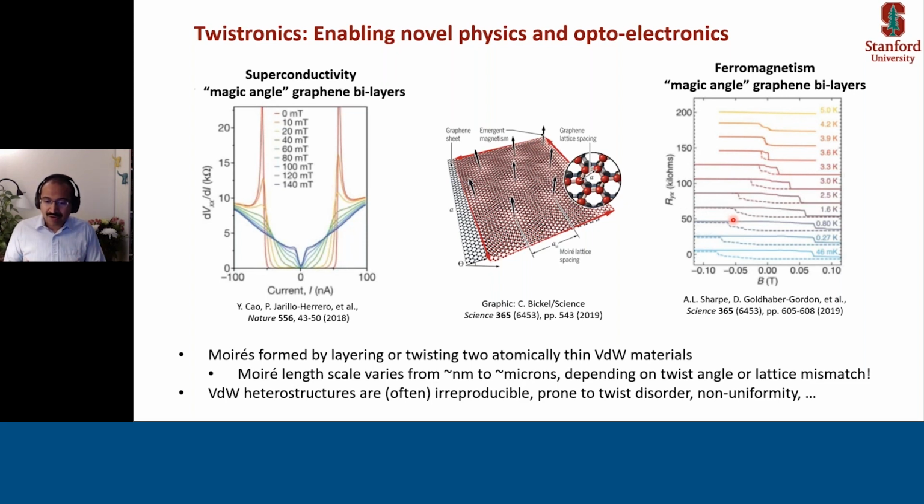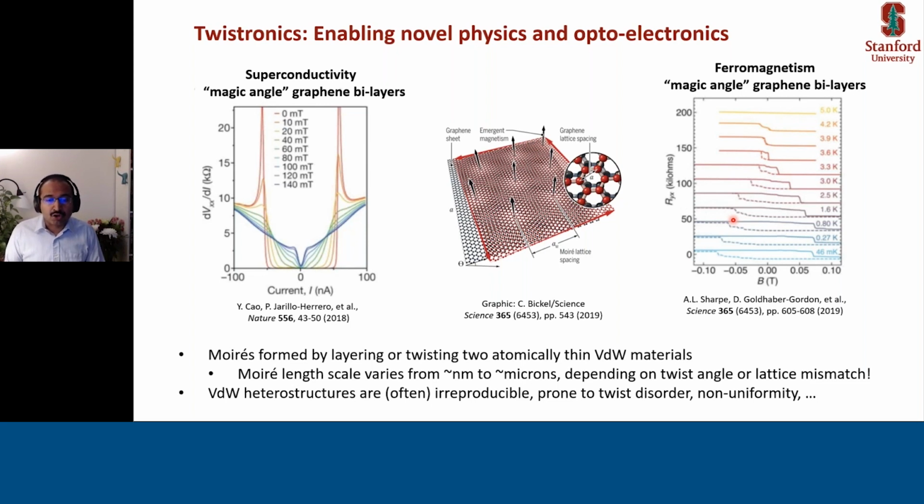These very interesting findings bring with them the first question: I want to see if I've made this particular sample. I want to see what twist angle I've made in this particular sample, and that also brings with it a lot of other challenges. Number one, the moires formed in these twisted bilayer graphene material systems actually vary dramatically from a few nanometers to a few microns depending on the twist angle.